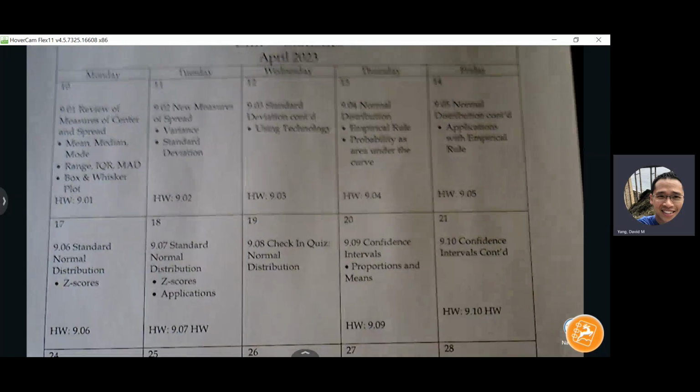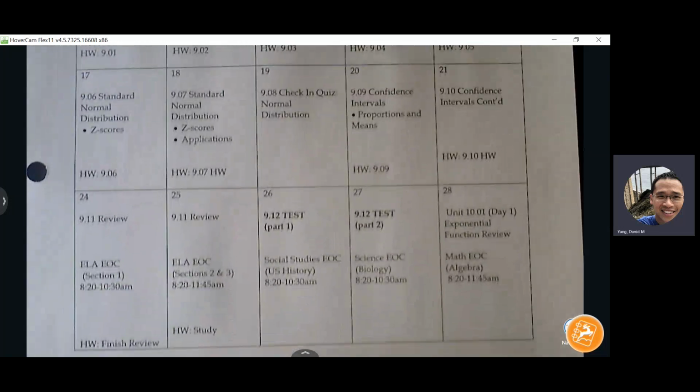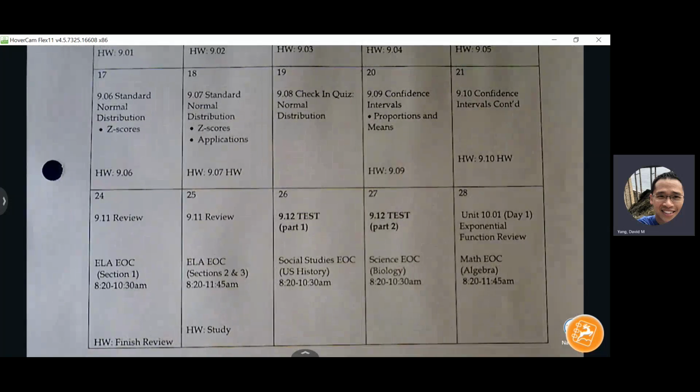And our test will be the last week of April. So if you look, that last week of April is going to be EOC week. So all of the classes will be a little shorter. But the longest EOCs will be Tuesday and Friday, so those classes will be cut really short, maybe 20 or 25 minutes.